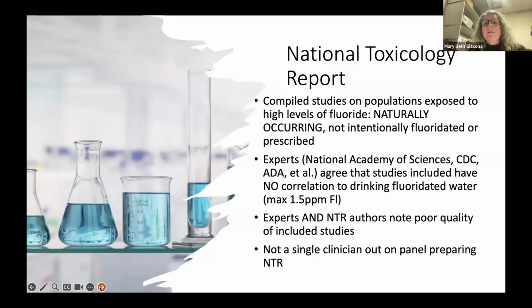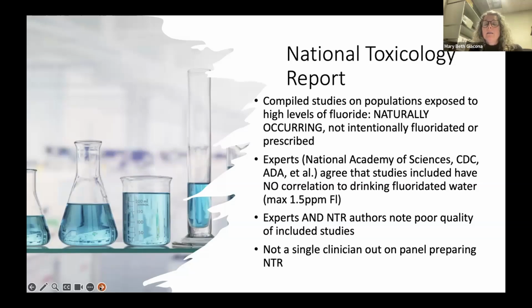So what the authors of this report did was they compiled a bunch of studies that were done on populations outside of the US, there were none in the US, that were exposed to naturally occurring high levels of fluoride. So again, they were drinking water from springs or reservoirs where it was naturally, not intentionally, fluoridated, but naturally high levels of fluoride.